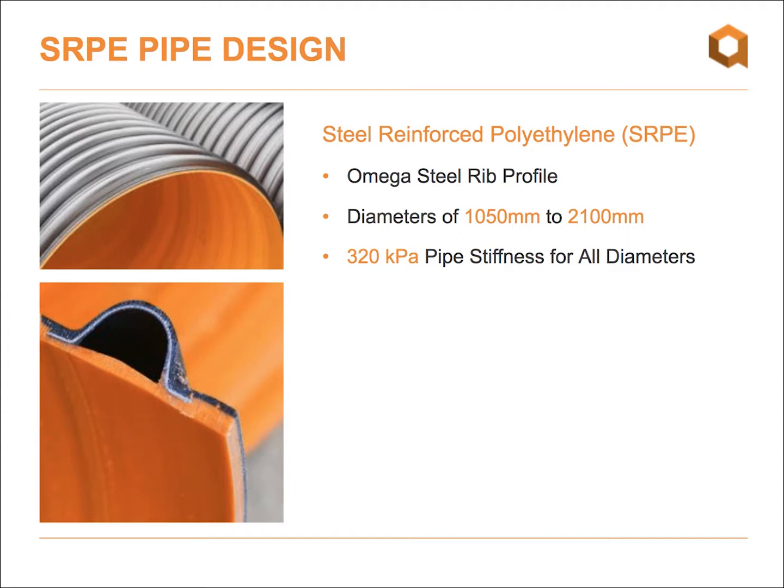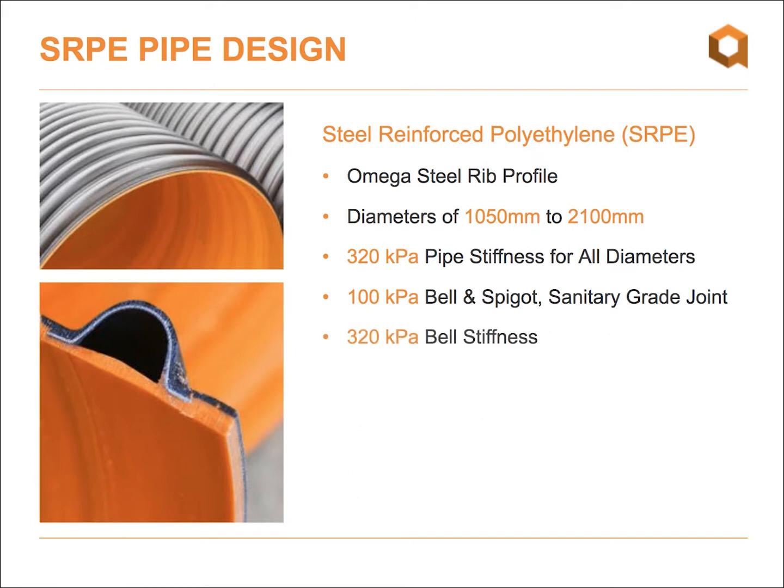We also wanted to have a very good joint, and we're going to look at that joint in more detail later in the presentation, but our joint will be sanitary sewer capable and tested at 100 kPa of hydrostatic water pressure. The bell itself provides you with the same stable omega-shaped rib profile reinforcement.